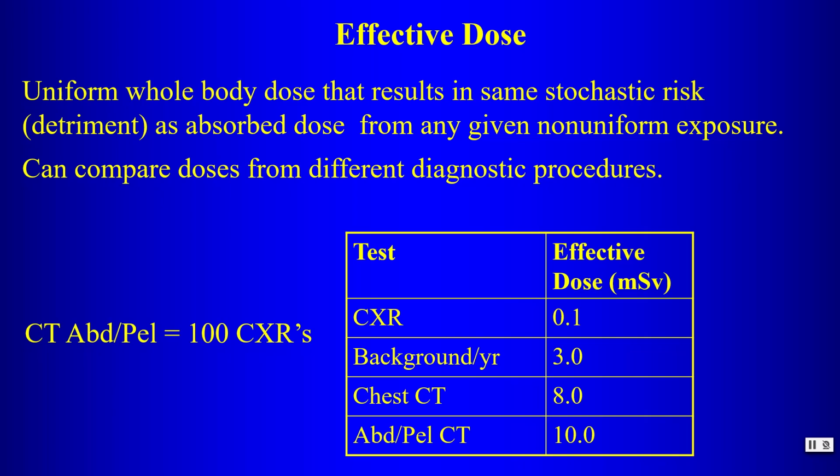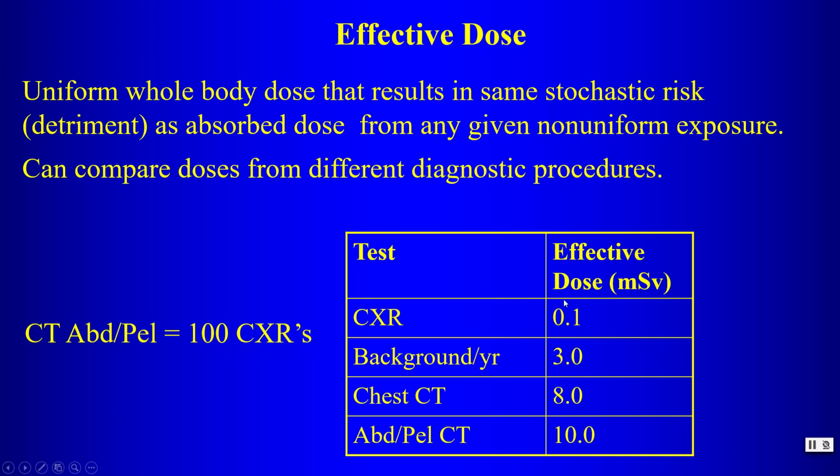So this is a way of converting exposures for various radiological procedures using this standard weighting system so that we can compare the biological effects, or we can compare the risks of different types of radiological procedures, taking into account the radiosensitivities of the particular organs that are exposed.